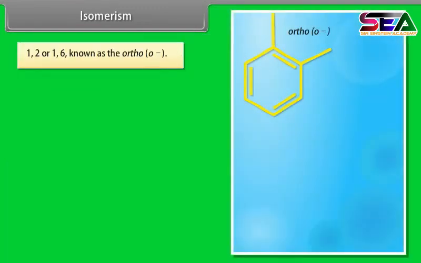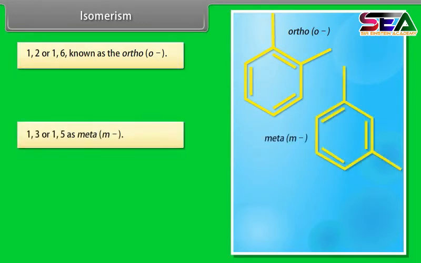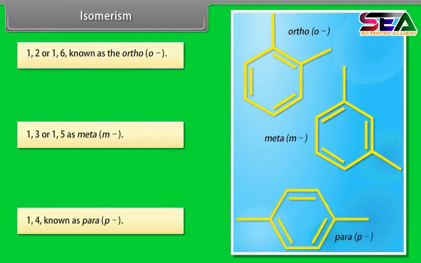First one is 1, 2 or 1, 6, known as the ortho. Second one is 1, 3 or 1, 5 as meta. And the third one is 1, 4, known as para, disubstituted compounds.